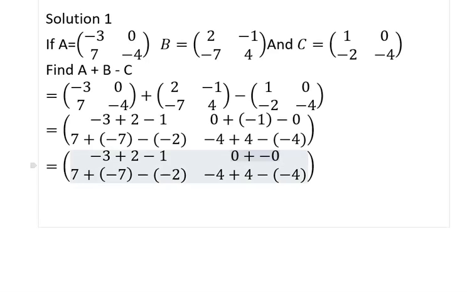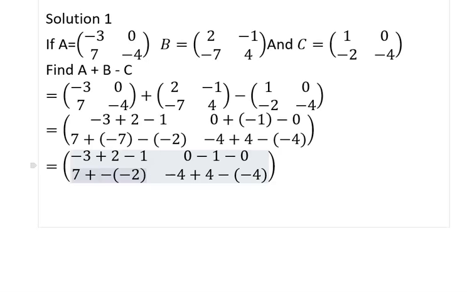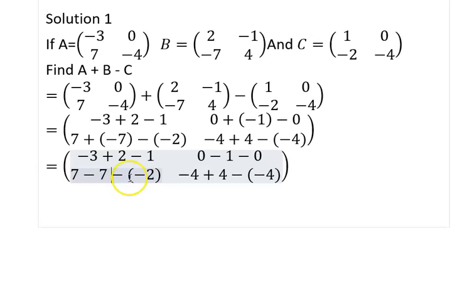So we have minus 1 here. Then plus times minus here gives us minus 7.